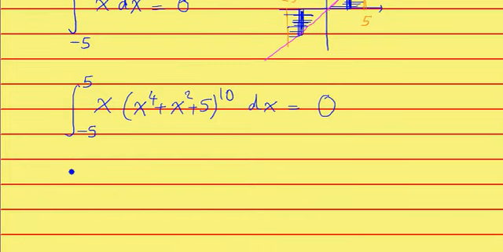There's also another symmetry you study in basic math, which is symmetry with respect to the y-axis. Suppose you want to calculate the integral of x squared dx from -3 to 3.